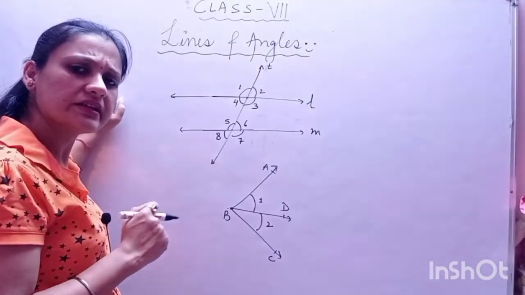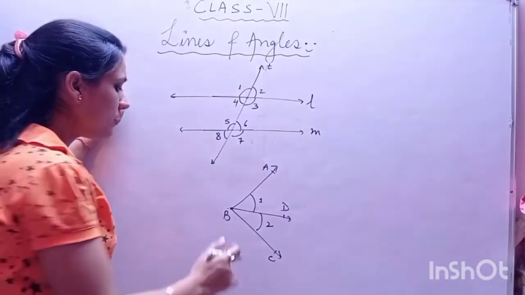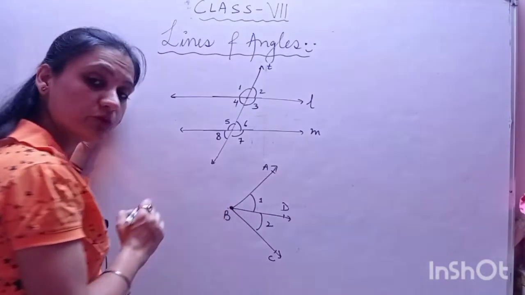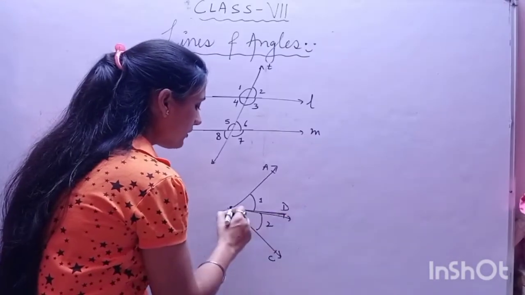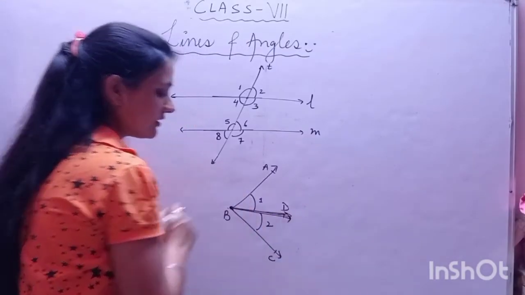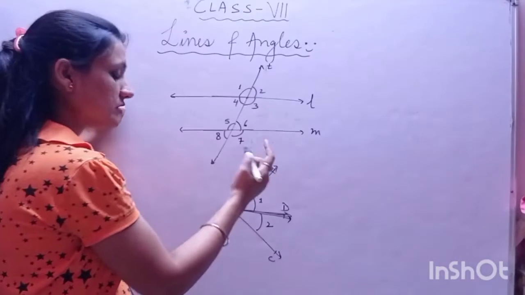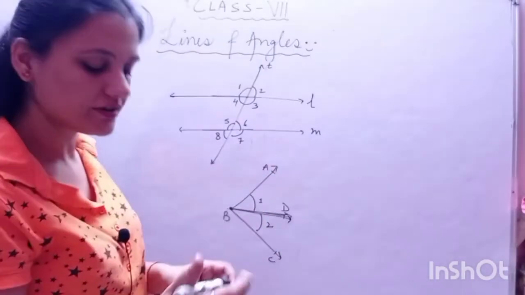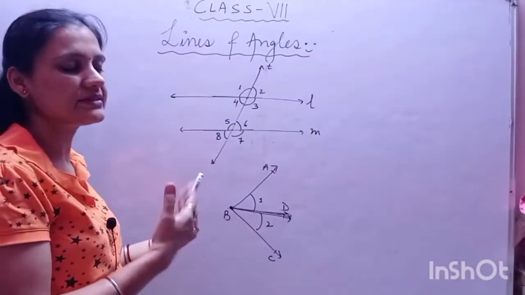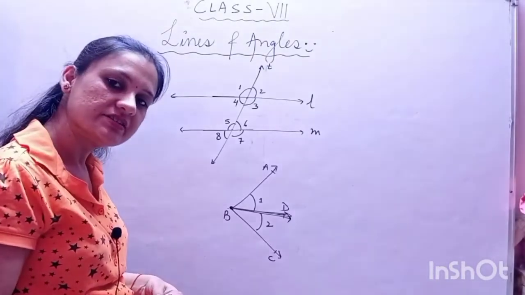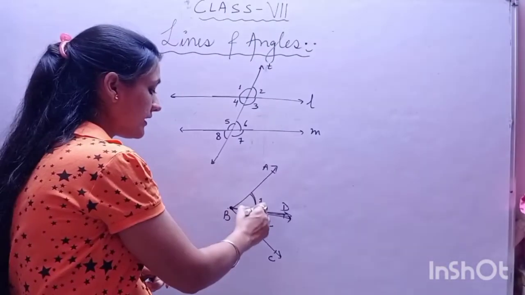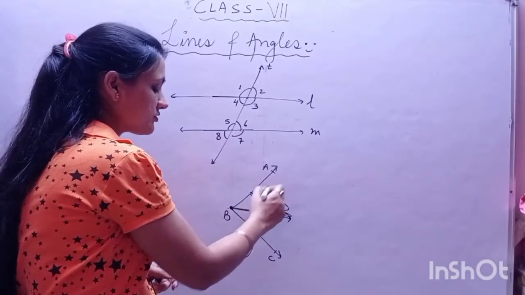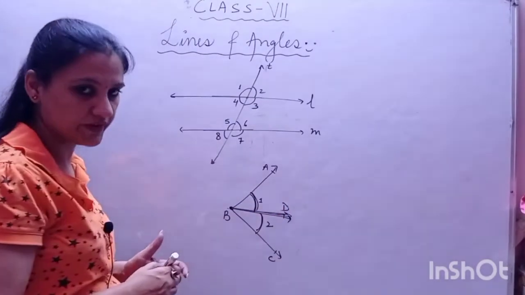Why are these angles adjacent? Because they share the same vertex, and there is a common arm in between these angles. These are the two points through which we can say the given angles are adjacent. And they have their own areas; they are not sharing their area. This one has its own space, and that one has its own space.